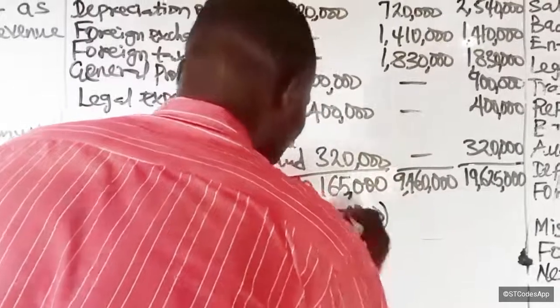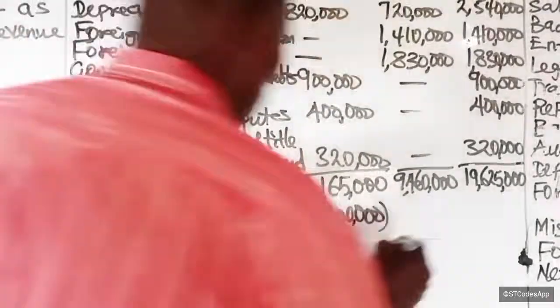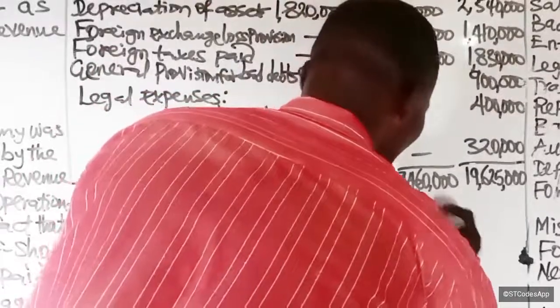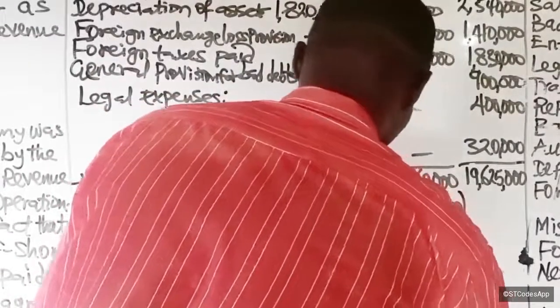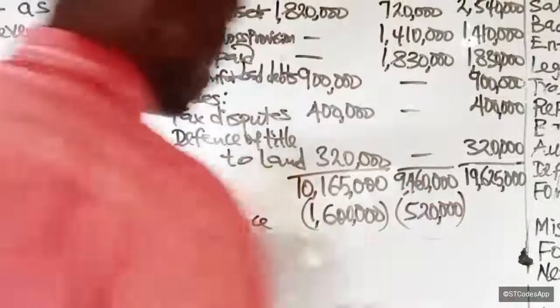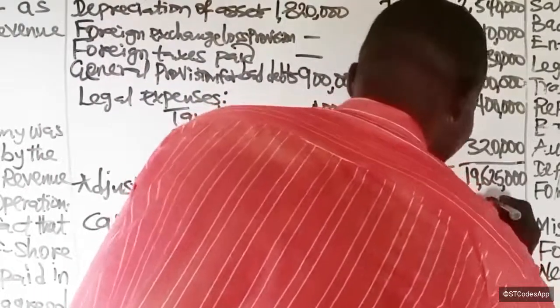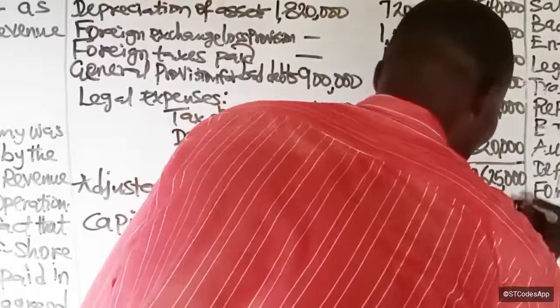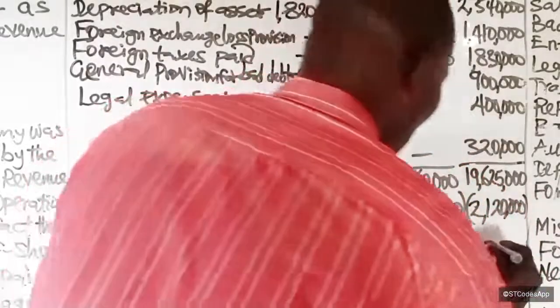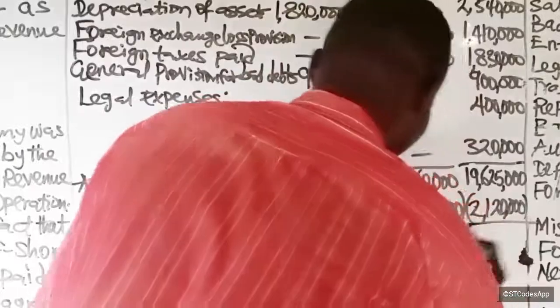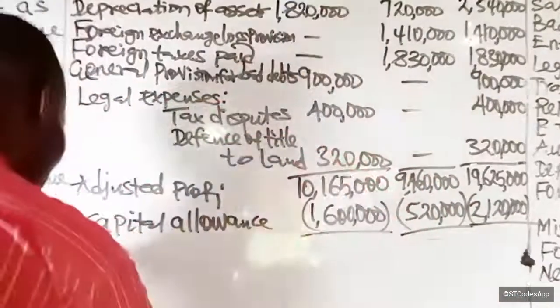You are going to deduct it. For Ghana, we have 520,000. If you add this, you have 2,120,000. If you now deduct your capital allowance, you arrive at the total profit.